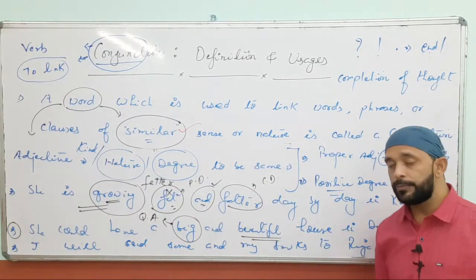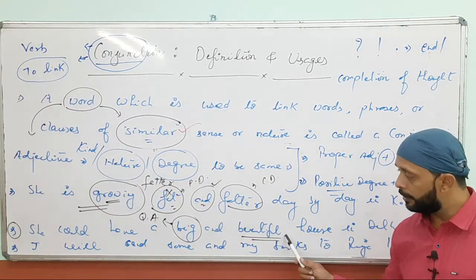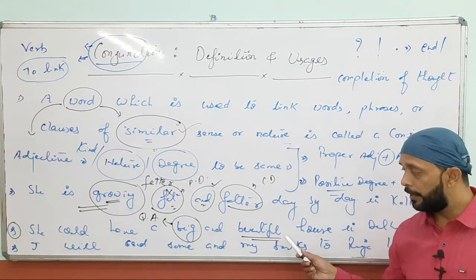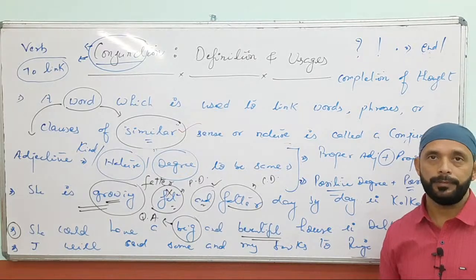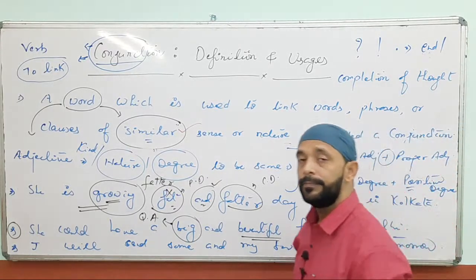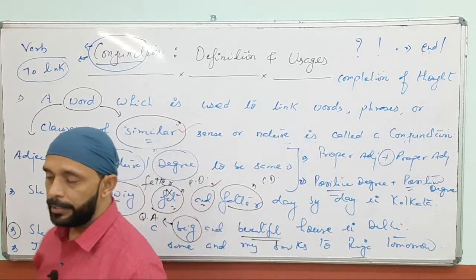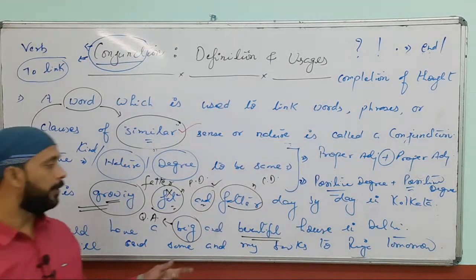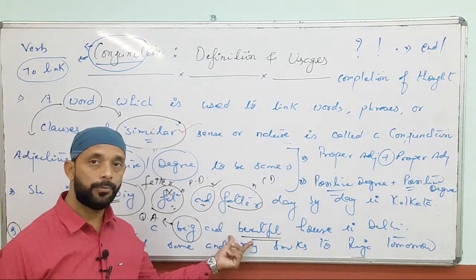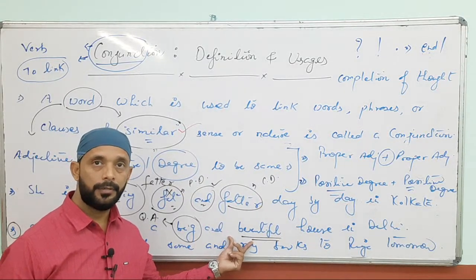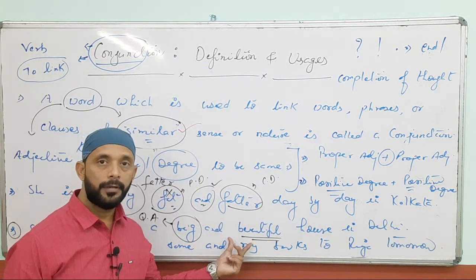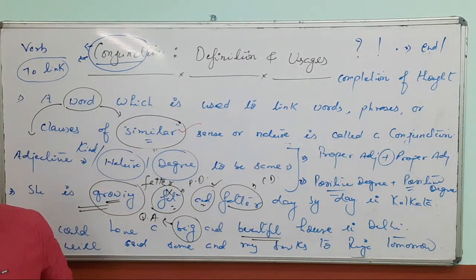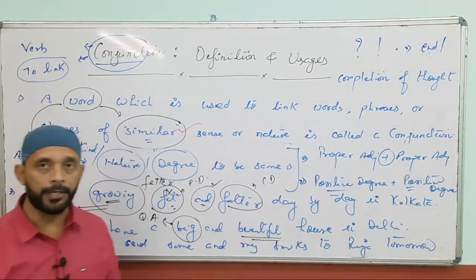Now beautiful is a word here, and you will have to tell the nature of this word beautiful. What kind of adjective is beautiful? I think you get it simply. I think you would answer it to be also qualitative.